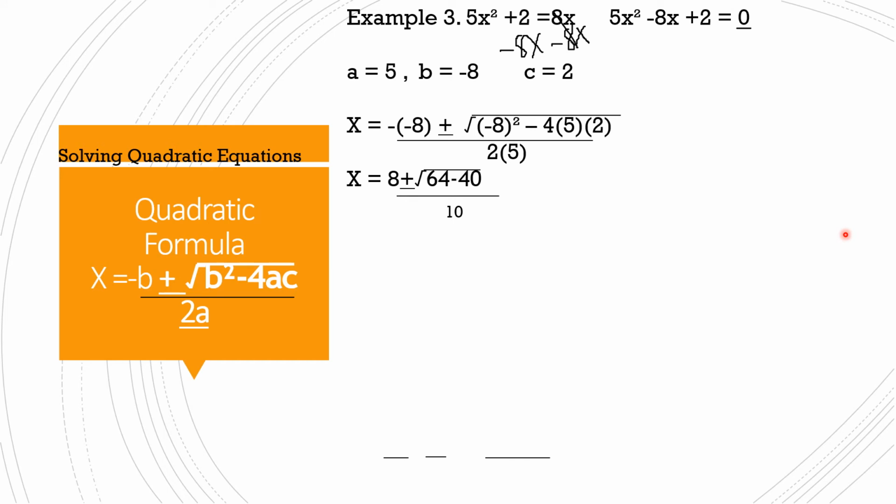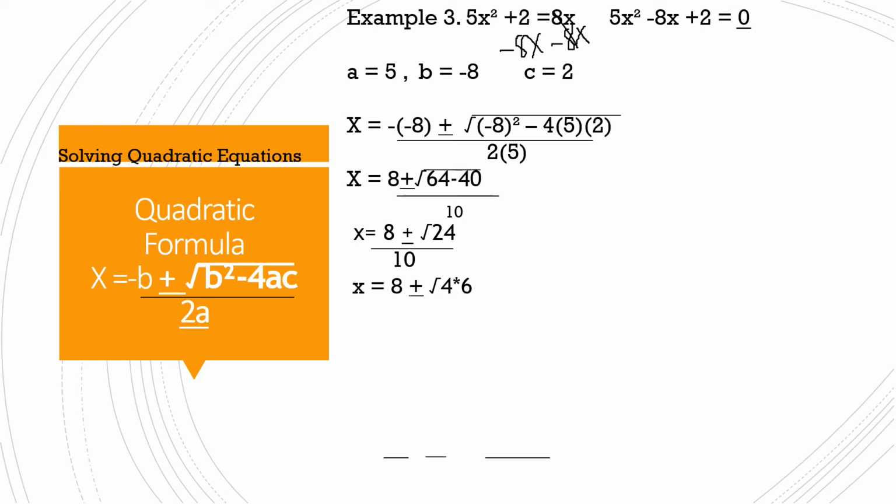Now, 64 minus 40 is 24. And 24 is not a perfect square. So what we are going to do is to think of two factors of 24 wherein one is a perfect square. Or you can use prime factorization to make sure that the number inside the radical sign is in simplest form. And that is 4 times 6.